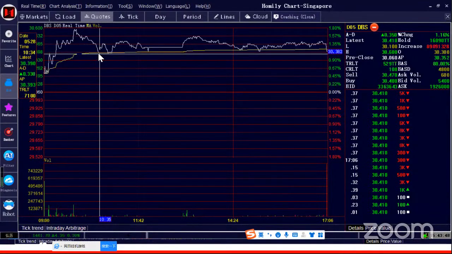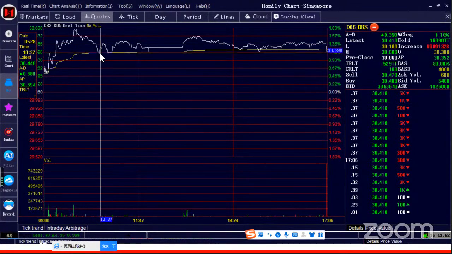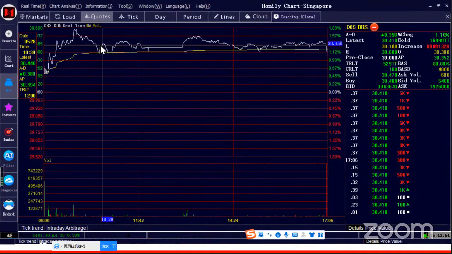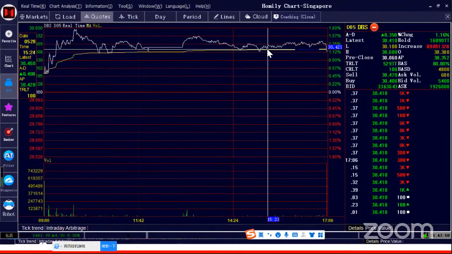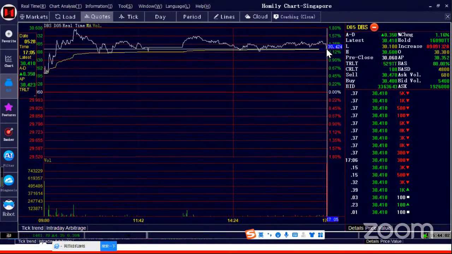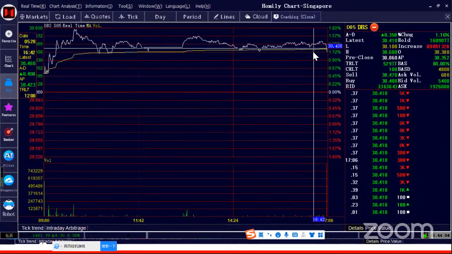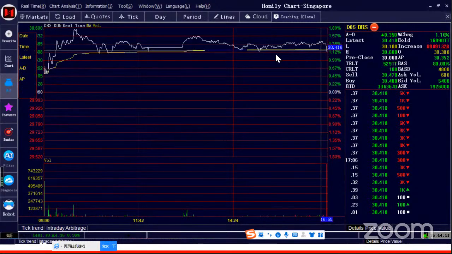It didn't fall below the average. It's supported by the average, right? And it continued to move for the rest of the day, most of the time above the yellow line. So DBS for the day was very bullish, right?